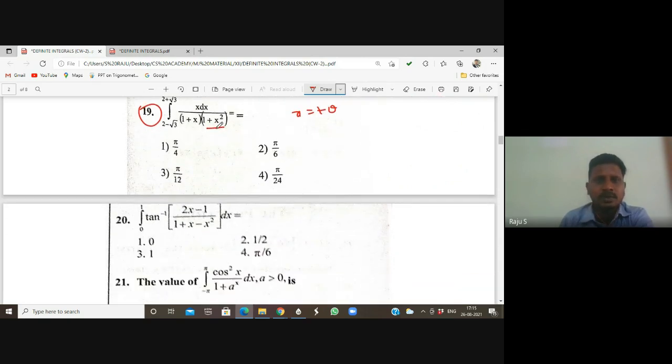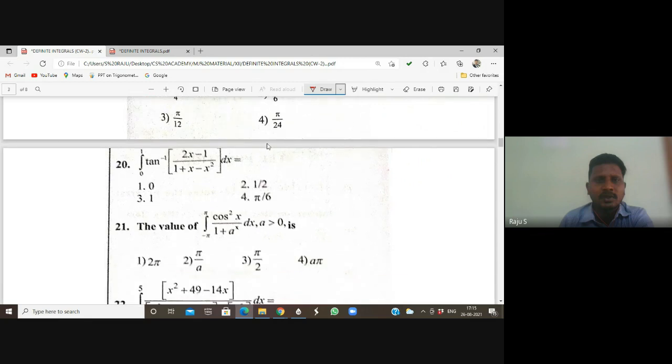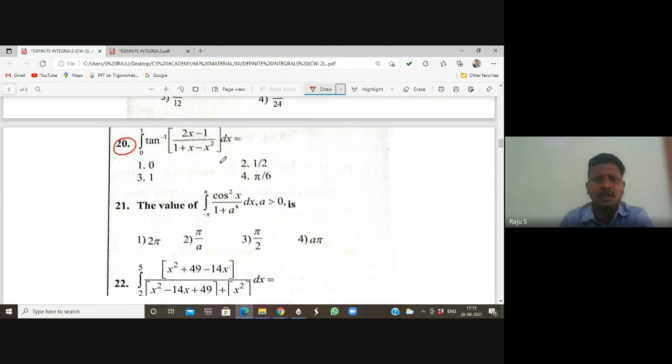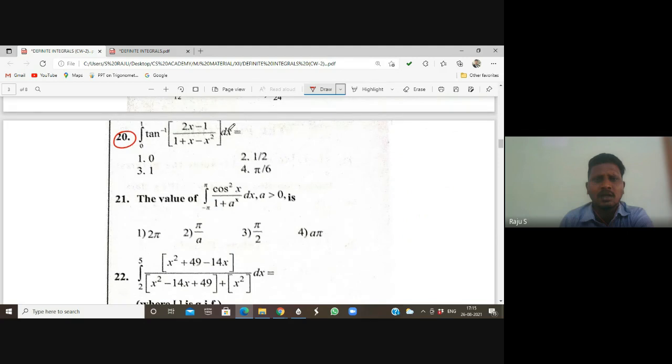Tan x is equal to... This kind of question is quite logical. Here, 1 plus x square means take x is equal to tan theta. But for this kind of question, what to do here? 2x minus 1 by... It's a logical question.